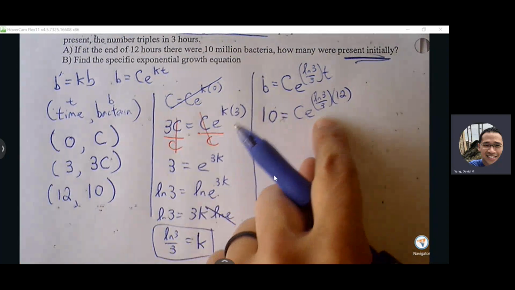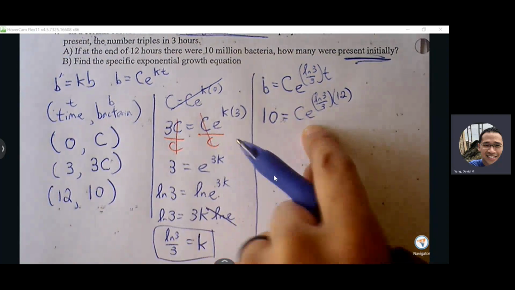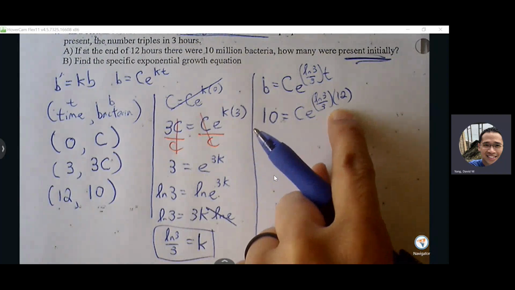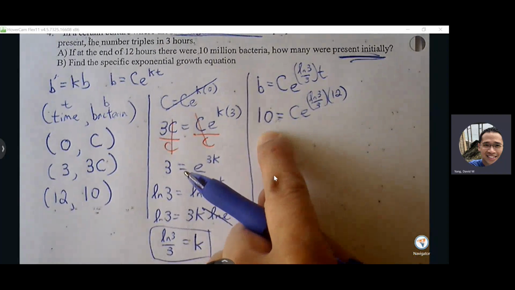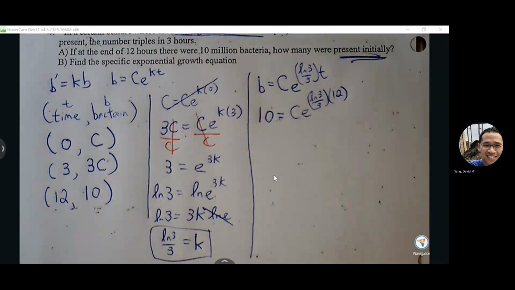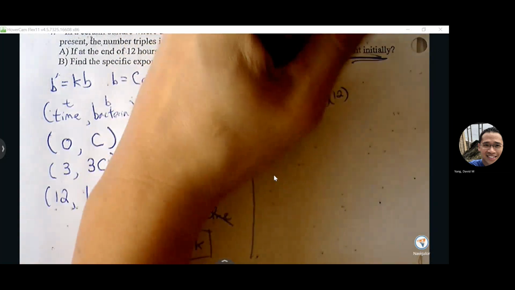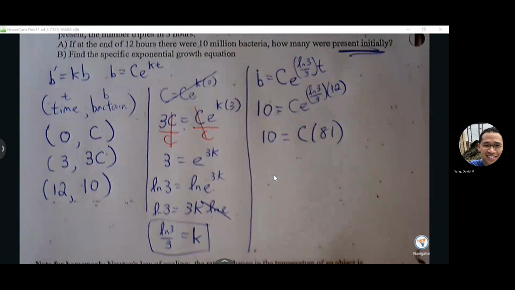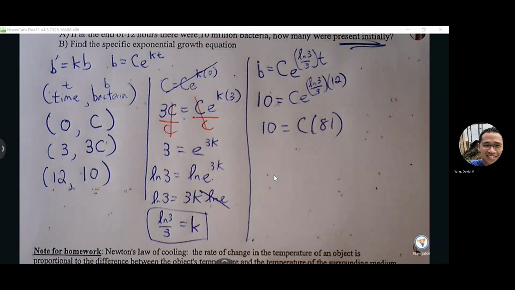So this one, we're going to enter in the calculator. We can't enter C in the calculator, but we can enter e to the natural log of 3 over 3 times 12, get that number, divide that number to the other side, and we can just solve for C. That ends up just giving me 81.